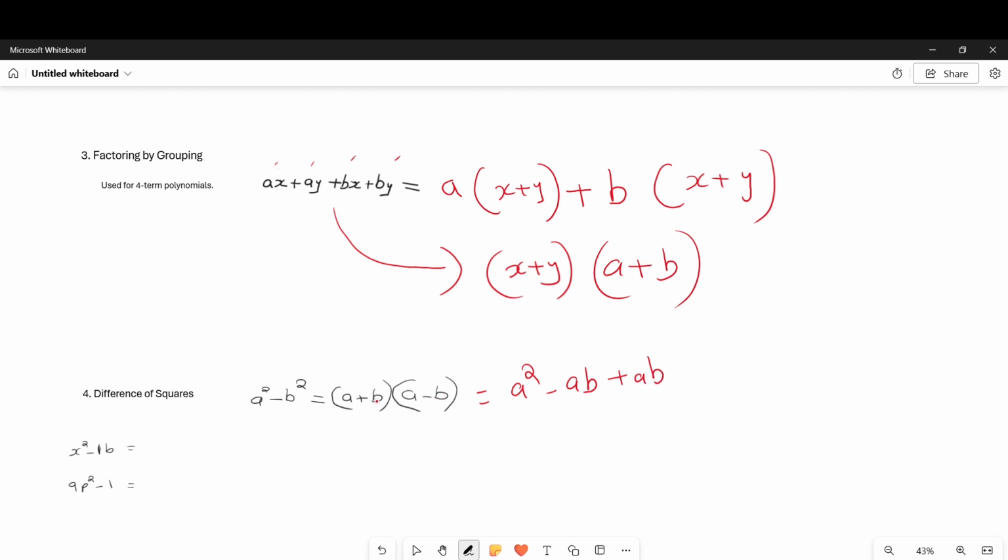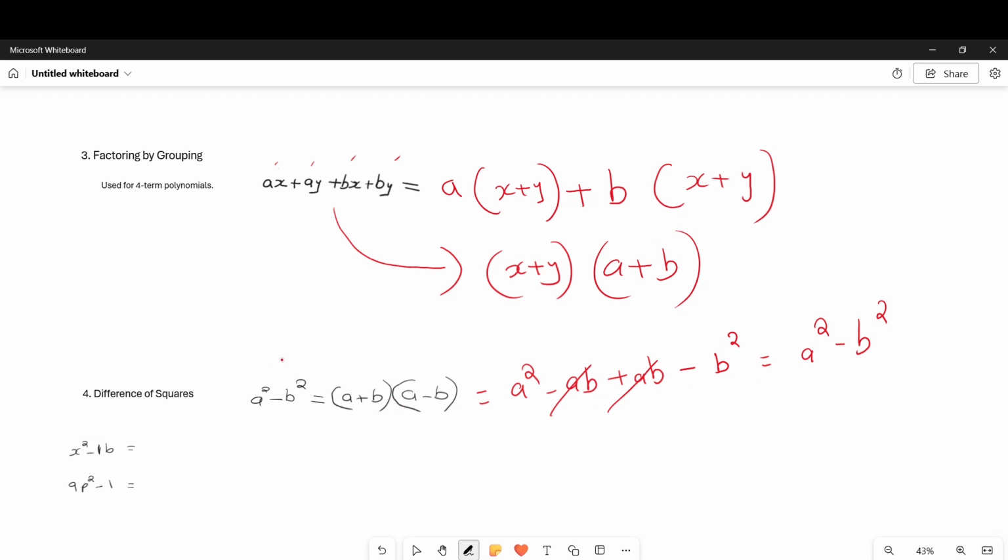So plus and minus ab cancel each other. What's remaining here? A square minus b square. That's it. Very easy. This is how we use the difference of squares equation to factorize things.